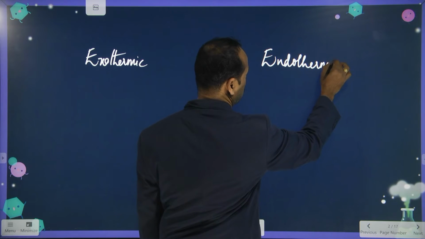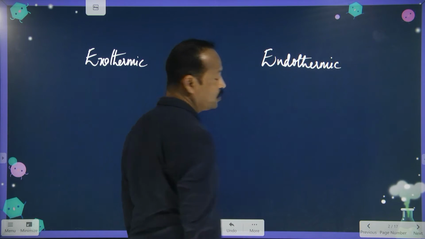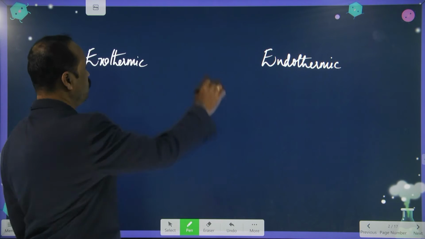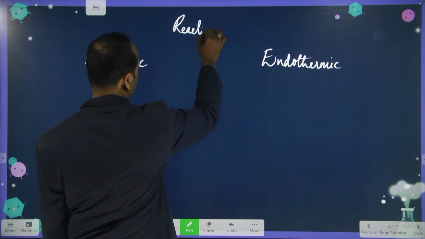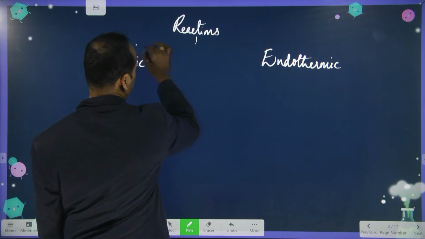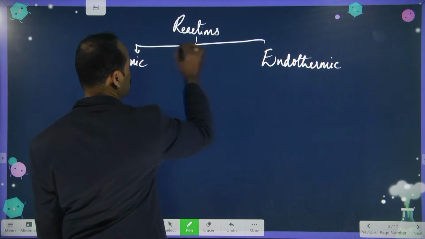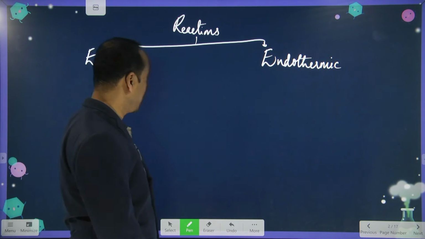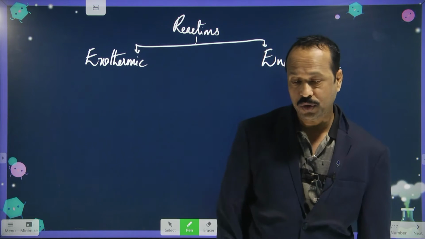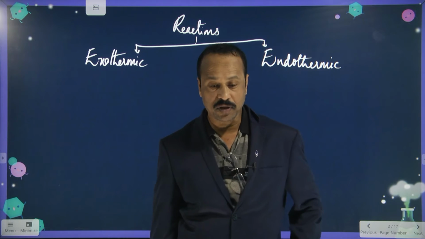Based on energy, the reactions are classified into two types. Now, do you know what are exothermic and endothermic reactions?